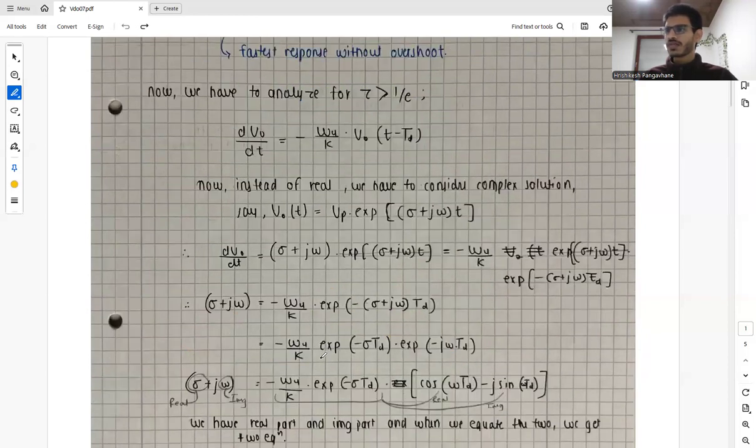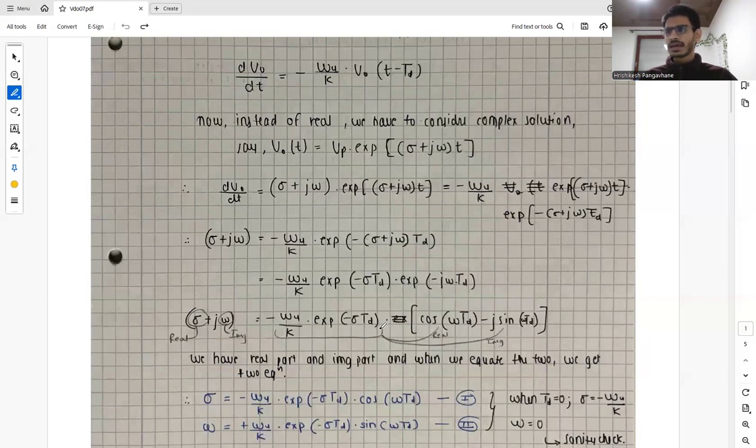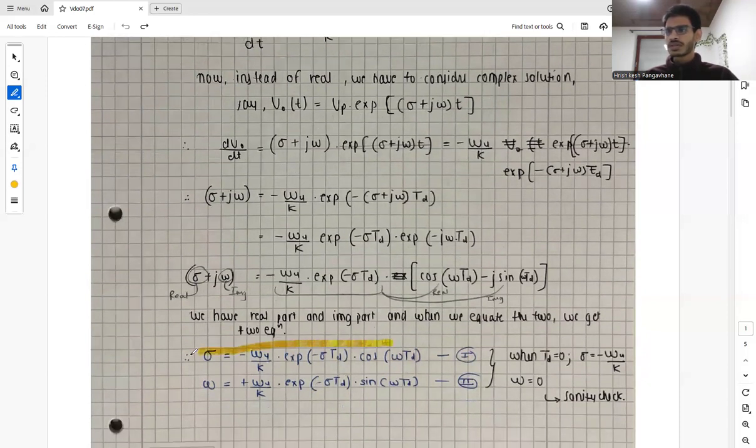After solving it further, when we get it in the form of real plus minus imaginary, we have the real part and the imaginary part, and we equate the two corresponding parts, and by that we will get two equations, one for the real part and one for the imaginary part.